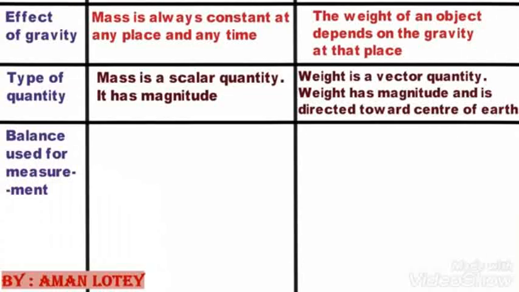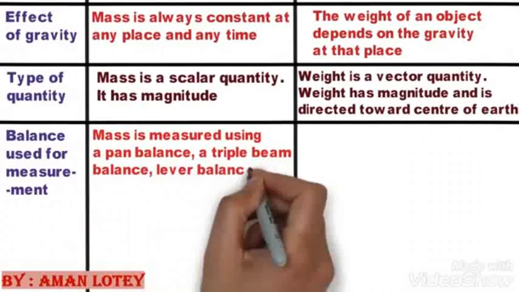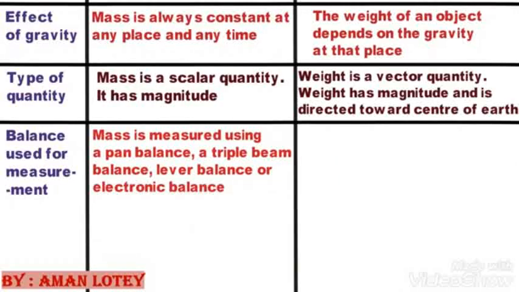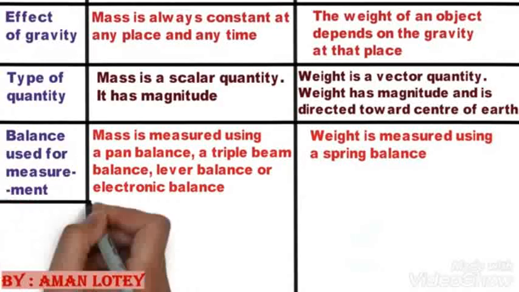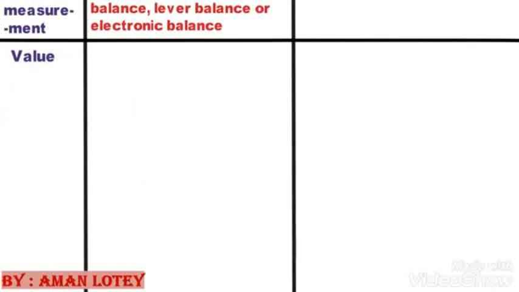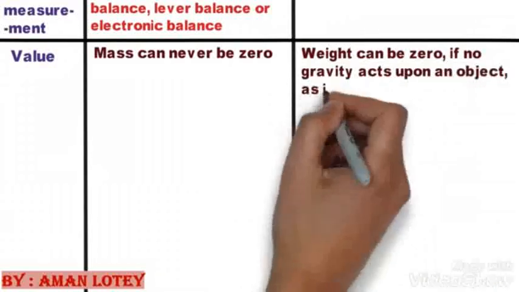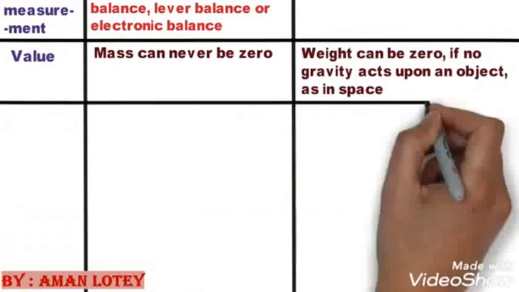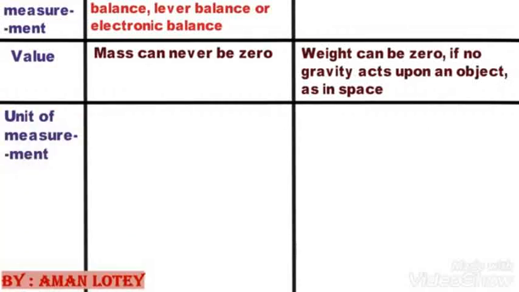Mass can be measured using a pan balance, triple beam balance, lever balance or electronic balance. Weight can be measured using a spring balance. Next point of difference is value. Mass can't be zero, whereas weight can be zero if there is no gravity, for example in space.